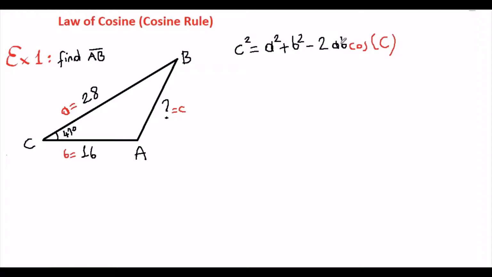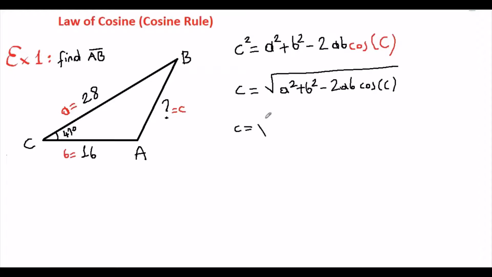If we take the square root on both sides, we obtain C is equal to square root of A squared plus B squared minus 2 times AB times cosine of C. Now we are going to plug in the numbers and the calculator will take care of this. A is 28, so 28 squared plus 16 squared minus 2 times 28 times 16 times cosine of 41 degrees.